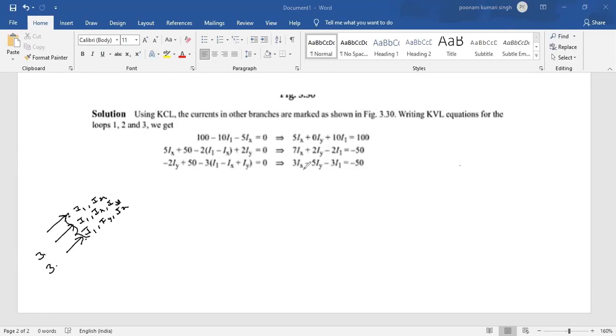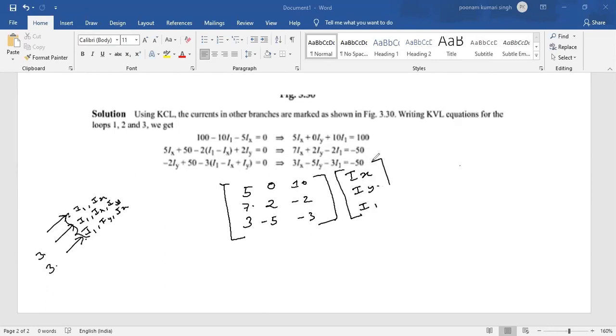If you look carefully, this is something like 5, 7, 3, 0, 2, minus 5, 10, minus 2, minus 3. So this is a matrix whose coefficients are these, with the variables Ix, Iy and I1. What is this equal to? This is equal to the constant values, that is 100, minus 50, minus 50.